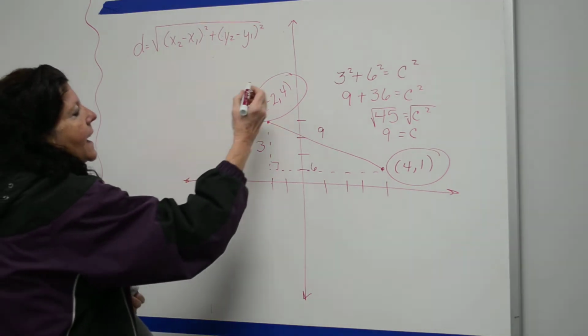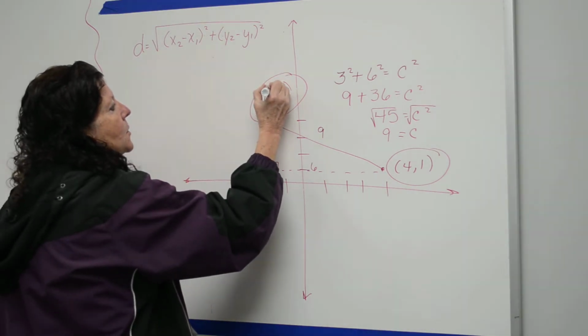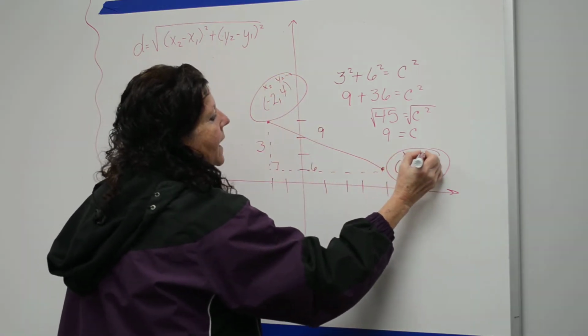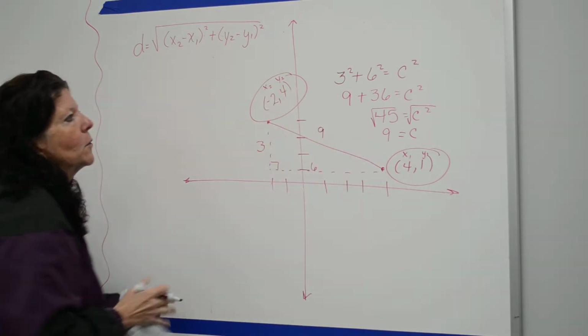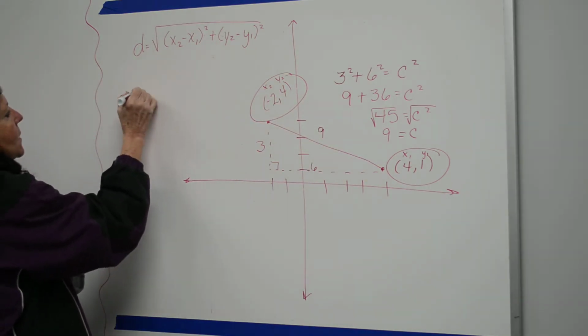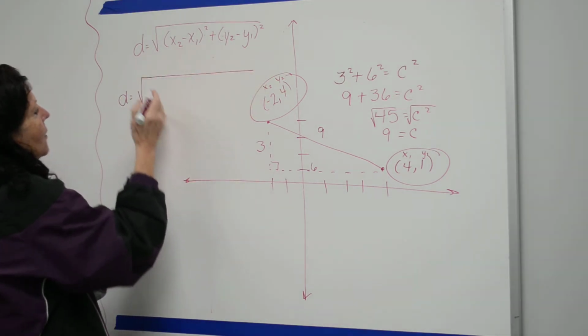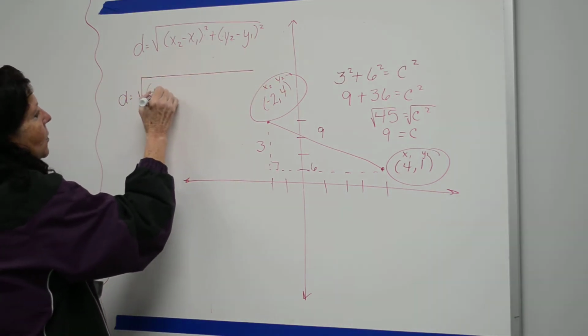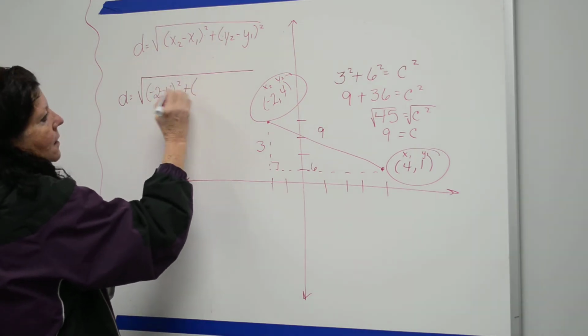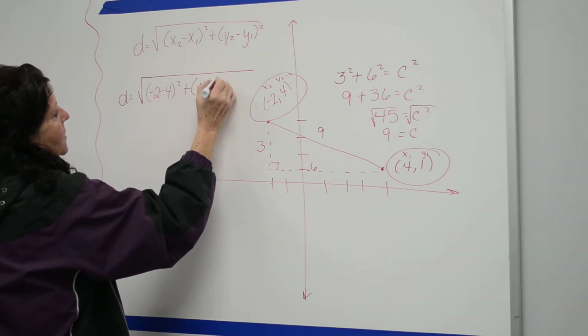So let's say I want these to be x sub 2 and y sub 2. That makes this x sub 1 and y sub 1. It doesn't really matter which one you choose as which. So distance is equal to the square root of (-2 minus 4) squared plus (4 minus 1) squared.